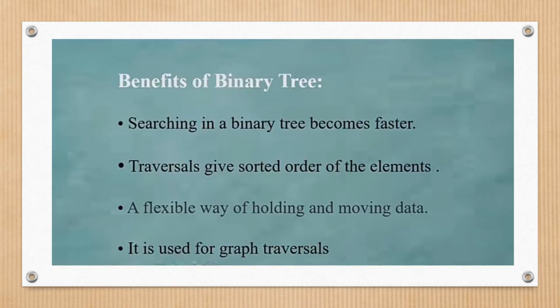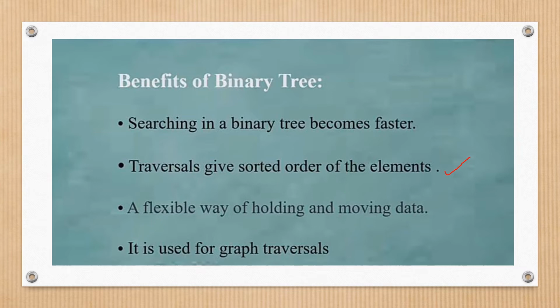Benefits. What are the benefits of a binary tree? Searching in a binary tree becomes very fast. Using this binary tree, we can search elements very fast. And traversal gives the sorted order of the elements. If we want sorted order of elements while traversing, we will use this binary tree.